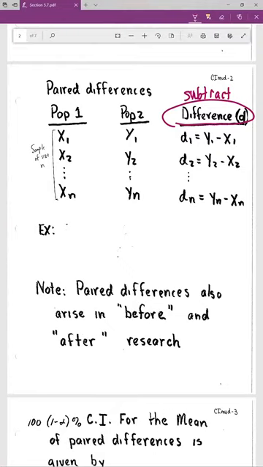Now, sometimes that before-after pair differences occurs when we have this before and after research. Now, that's not always the case. Sometimes the pair differences arise in other ways. For example, if we think of a hospital, we may be concerned about the number of patients we see in the ER and OR, and we may compare this over different hospitals. So hospitals, say 1, 2, 3, and so on.